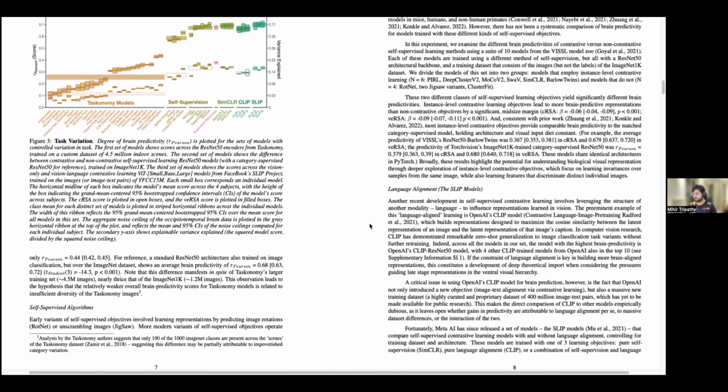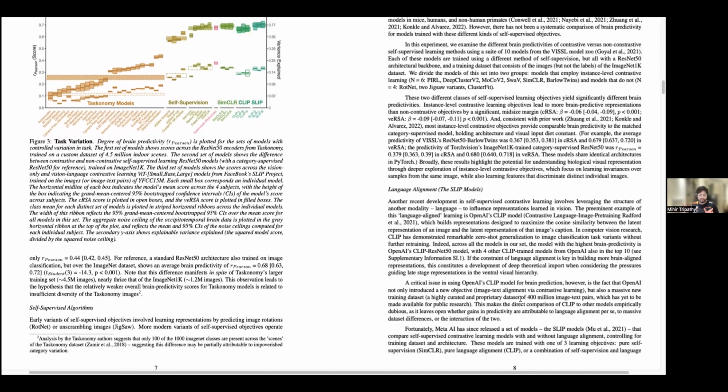It was first trained on 400 million images, a highly curated and proprietary data set of 400 million image-text pairs. So it's not actually because they're language aligned. It's because they've been trained on such a good data set. So the data set's diversity matters a lot.